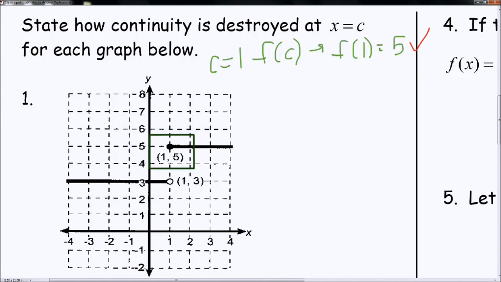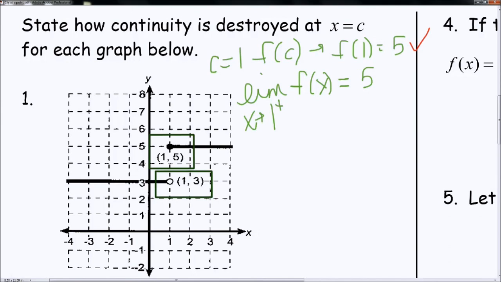Now the next one we need to check is, does the limit from the left equal the limit from the right? Essentially, does my limit at c exist? As x approaches c, which is 1, from the right of f of x, that's equal to 5. If you look at the left-hand side, my limit is approaching 3.